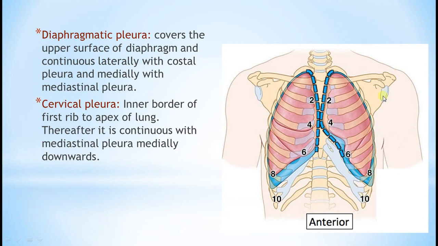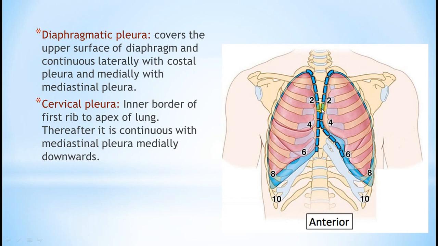Okay, so here you are able to see that this costal pleura is extending 2.5 centimeters above the medial end of the clavicle, 3 to 4 centimeters above the first rib, but it does not extend beyond this part. You are able to see the neck of the first rib. Okay, and I told you this is the costomediastinal line of reflection, where the costal pleura becomes continuous with the mediastinal pleura.